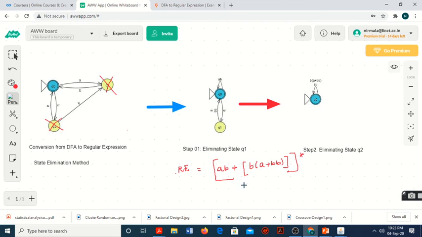Therefore, the equivalent regular expression is AB or B followed by A or BB, which can be repeated any number of times with the closure operator. Thus, we find the equivalent regular expression for the given DFA.